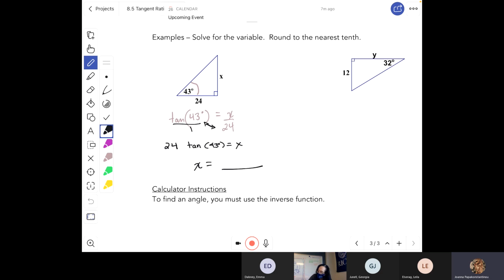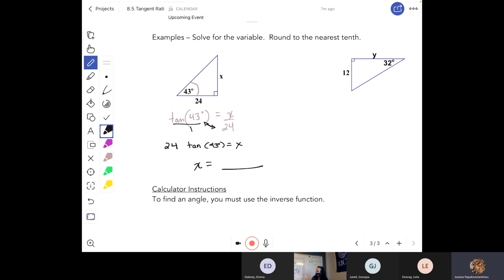Back in the olden days, when I was in school even, we had tables of values. In other words, we had these huge tables that said tangent of 1 degree, 2 degrees, 3 degrees, 4 degrees, and it gave me the decimal equivalents. But what happens if you don't have those tables?